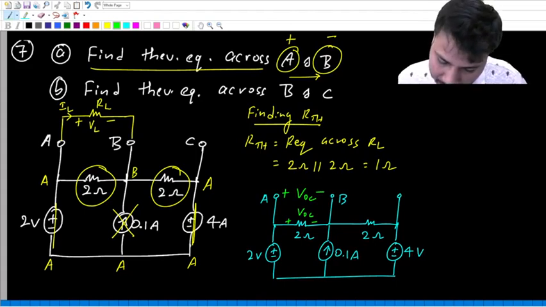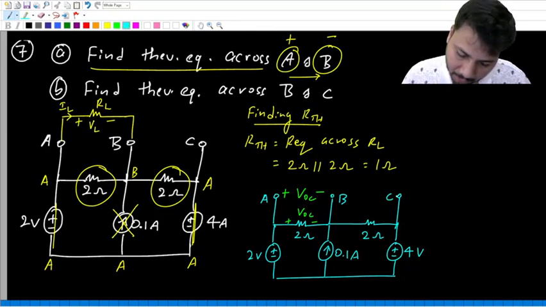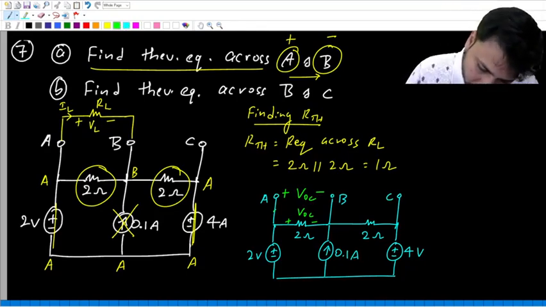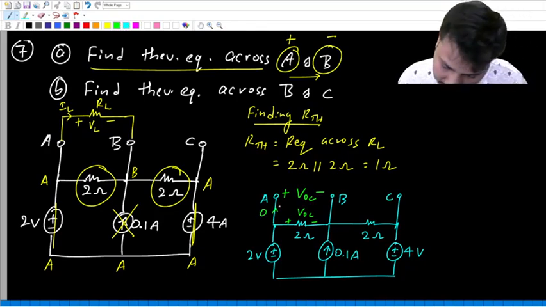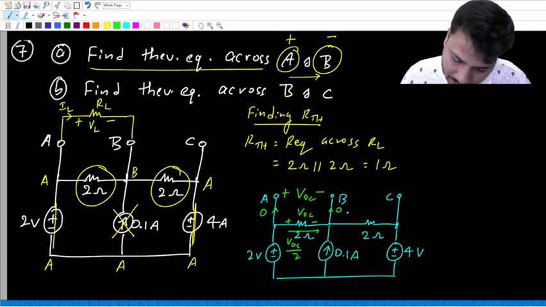Now you have to do the analysis and find VOC. Okay, again this is like point C. So what is this current? It is 0. Okay. So what is this current? It is VOC by 2. What is this current? It is 0.